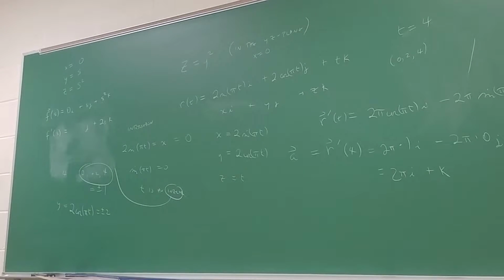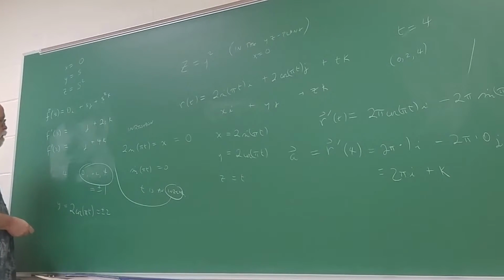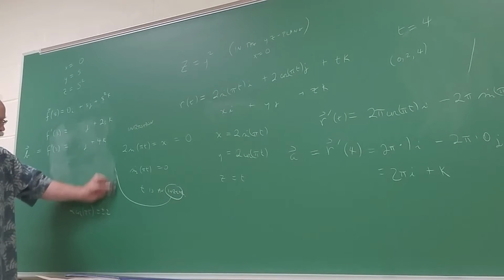At the point of intersection, what's s? Oh, it's not going to be the same number. That's why I had to use a different letter. Right. So you know that y is 2, so s will be 2. And I'll calculate f prime of 2. And so I'll get j plus 4k. Okay. All right, and I'll call that one b. So now we just go ahead and calculate the dot product and all that mess.